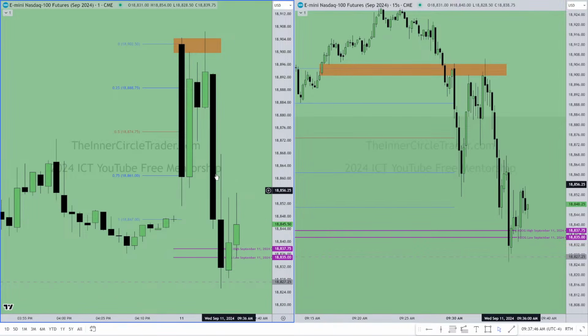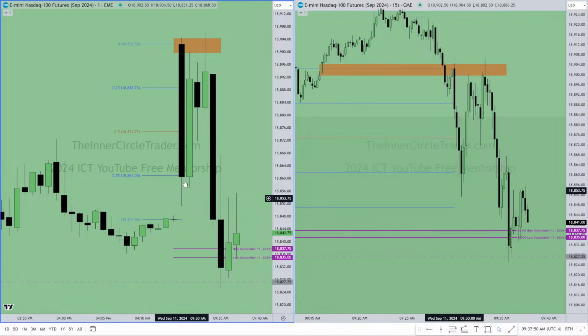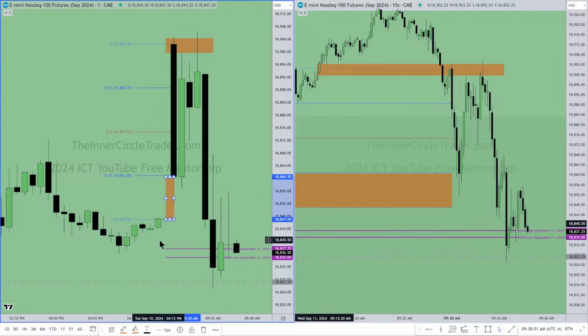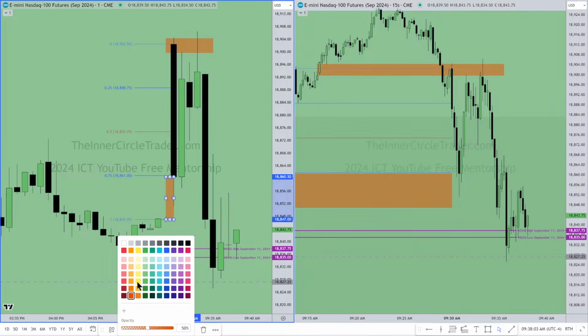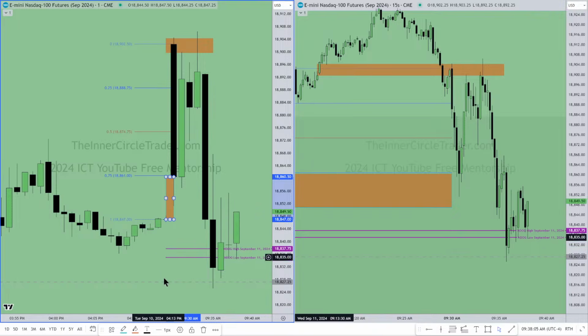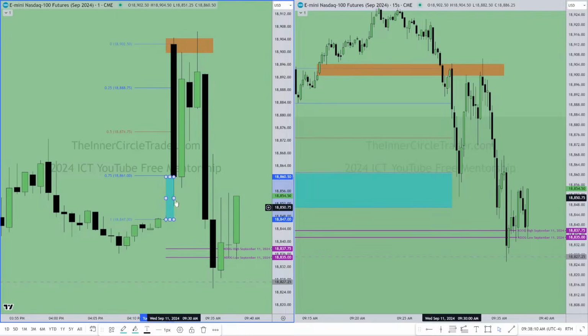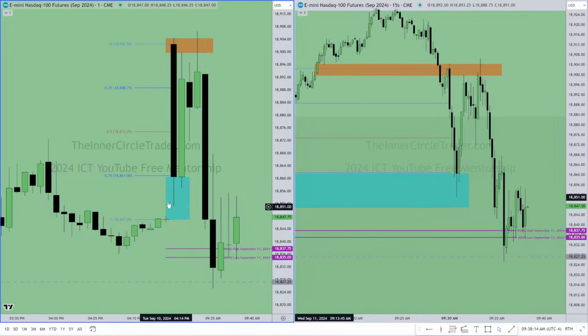Now it can do a lot of this type of wicking and redelivery back in here because there's no real bodies. Notice that here. Let me highlight it on the chart to the left. In between here, there's no bodies.